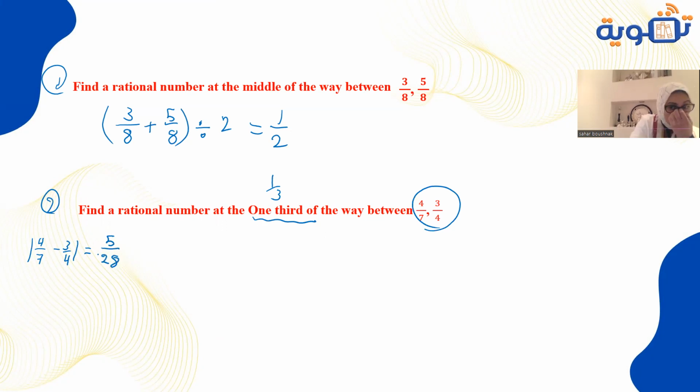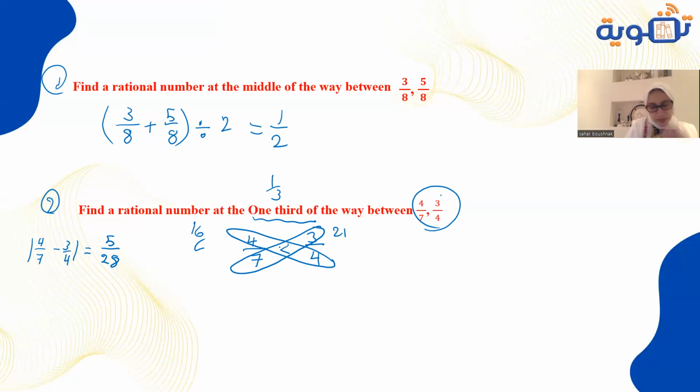Next step, I will compare which one is greater and which one is smaller. So now I have 4/7 and 3/4, and I have the butterfly method. 16 and 21. So this is greater.